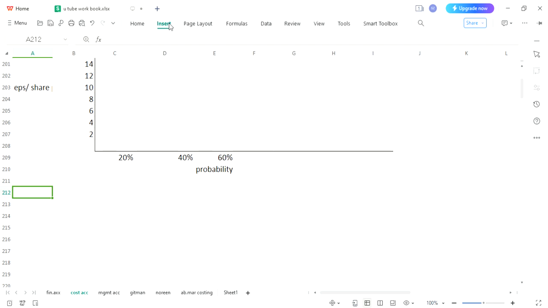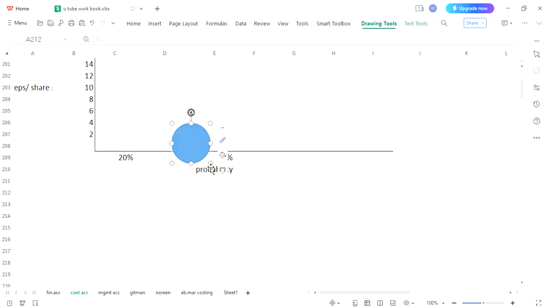So let's use a circle for our points. Any circle can be taken over here. Now we will make it a smaller size, just the point. Okay, 0% is here and we need to put at 1.9. 1.9 would be present over here.